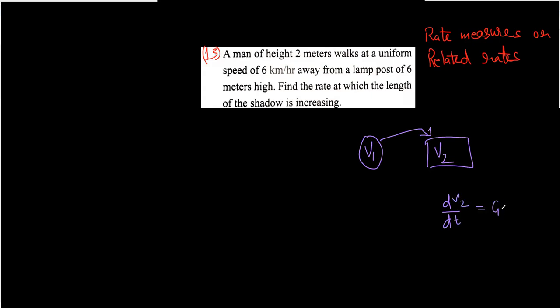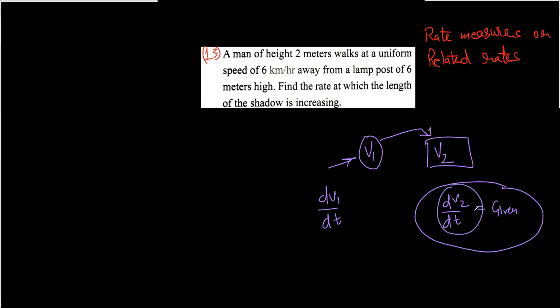This is given to us. And from this data, we have to find the rate of change in variable 1. So we are given one kind of rate of change. We have to get another kind of rate of change when one kind of variable is related to another kind of variable. So let us solve this problem.